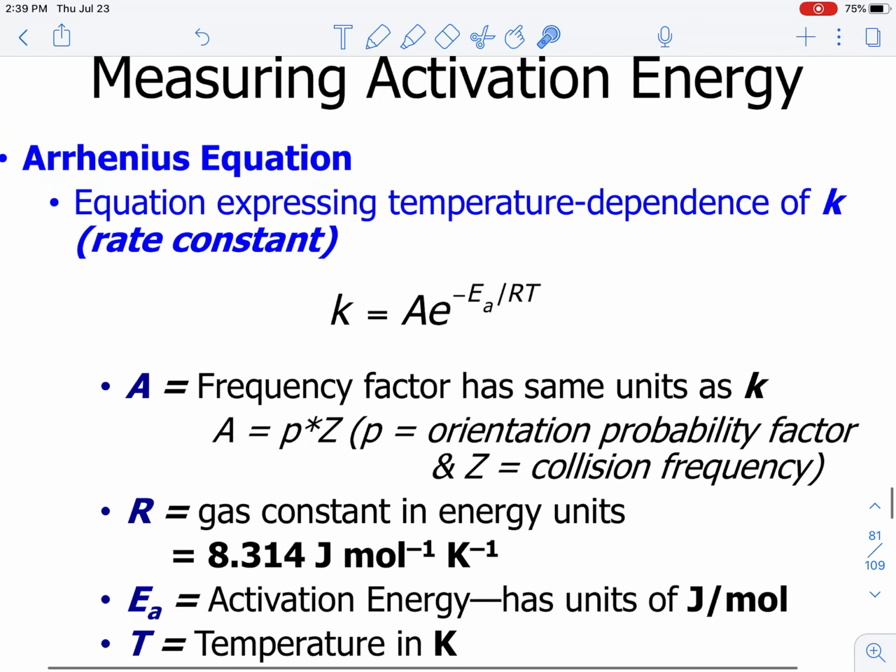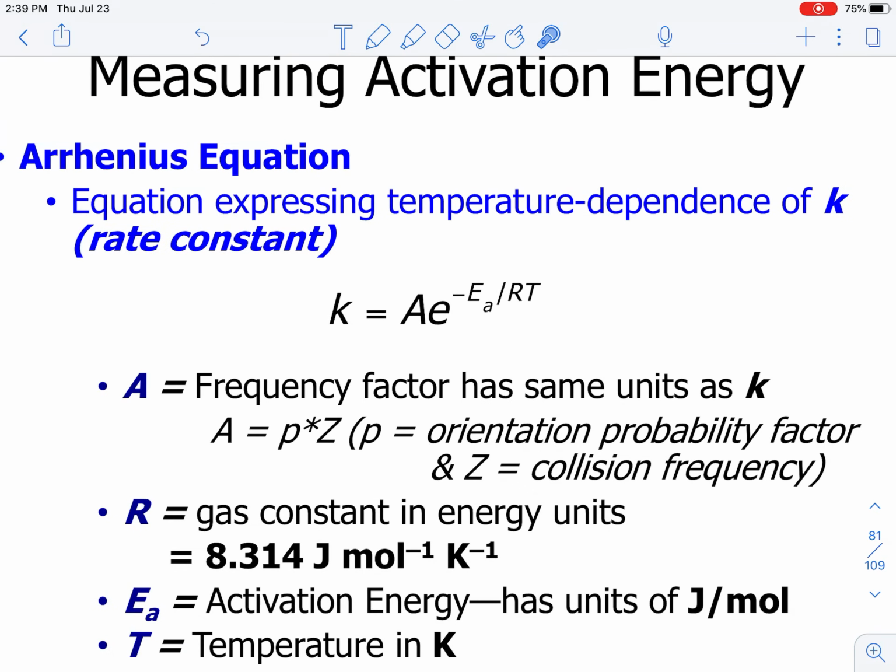So looking at the pieces of the Arrhenius equation, we have capital A, which represents the frequency factor. And so it turns out that the frequency factor has the same units as the rate constant k.